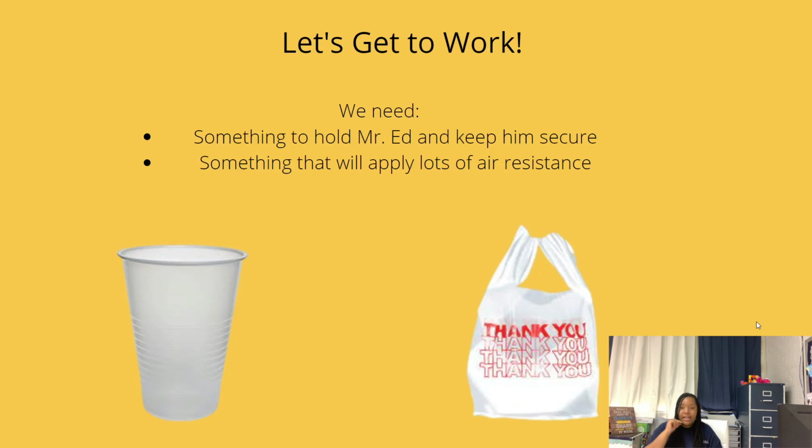Now, of course, you'll need some small things like glue, maybe some string, maybe even some cotton or something to keep Mr. Ed comfy in his little transport system. But again, these are simple things that many of you guys probably have at home to build Mr. Ed a safe vessel to get him down that slide. Because again, we do not want Mr. Ed the egg to crack.